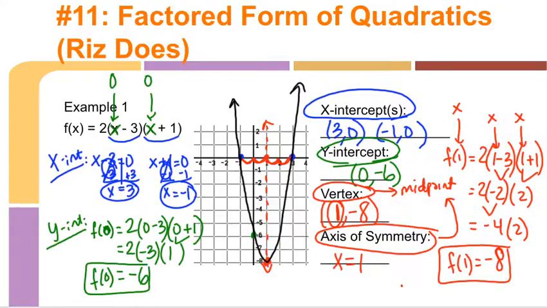If I use my axis of symmetry, I also know that if this is 1 off here, then this is going to be 1 off here. So I can find another point as well right there. And that's how you can get the shape of a parabola using the x-intercept, y-intercept, vertex, and the axis of symmetry. Okay, so let's try the next example.